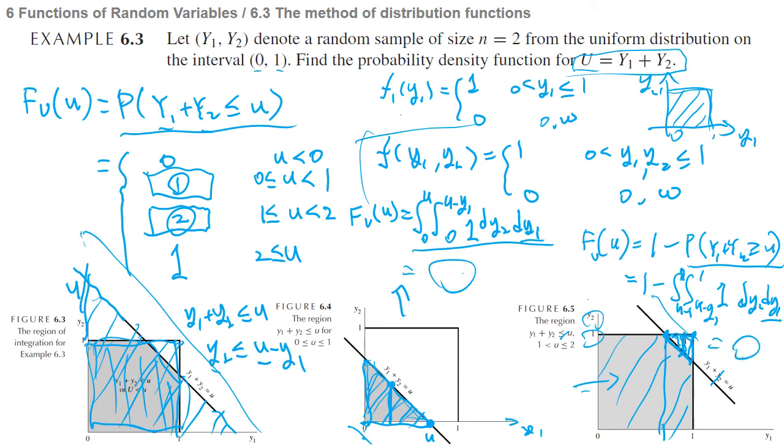Then you can calculate the density function by differentiating this with respect to small u, and that's the probability density function for u. Do it by yourself. Actually, in the textbook it is also explained, so follow that example, and if you have any questions you can email me.